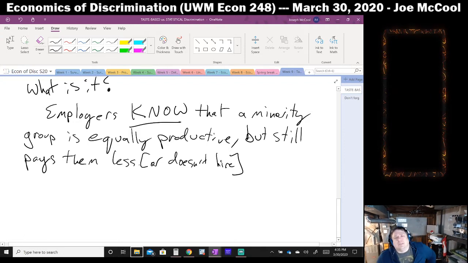Now, it may be the case that a taste-based discriminator will never hire someone who is from a minority group or a particular minority group.